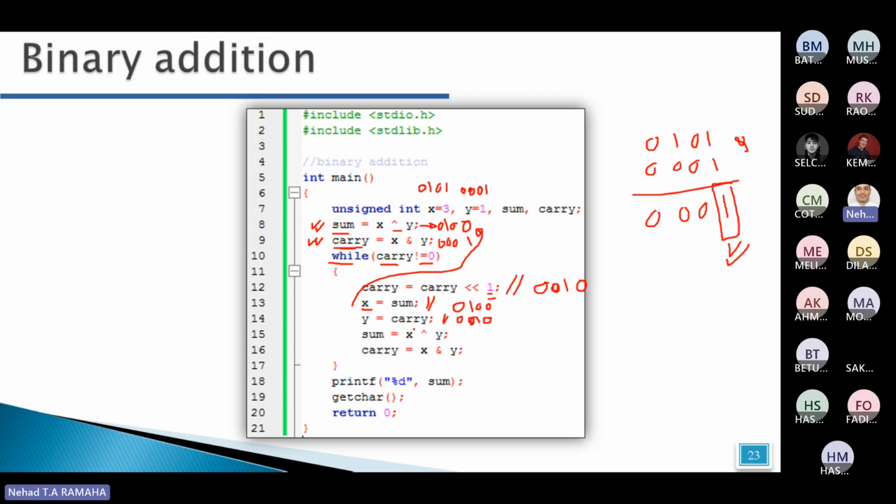Okay, now calculate summation another time, like here. So we have the new value of x and the new value of y. Now make XOR: if they are similar, 0; if they are different, 1.